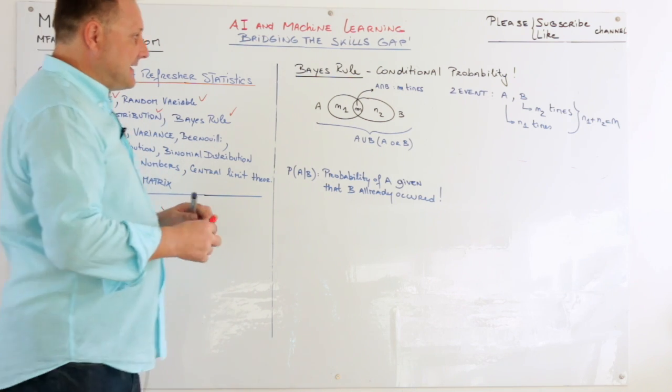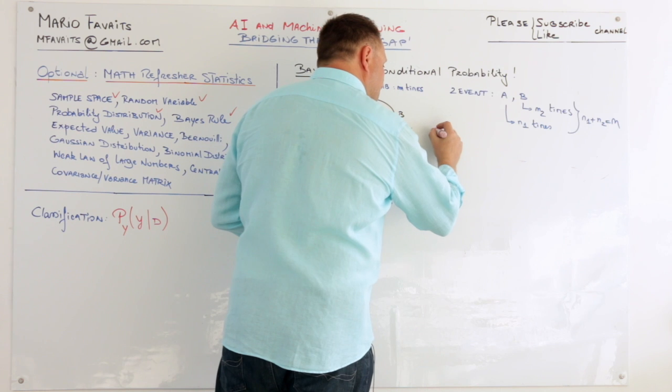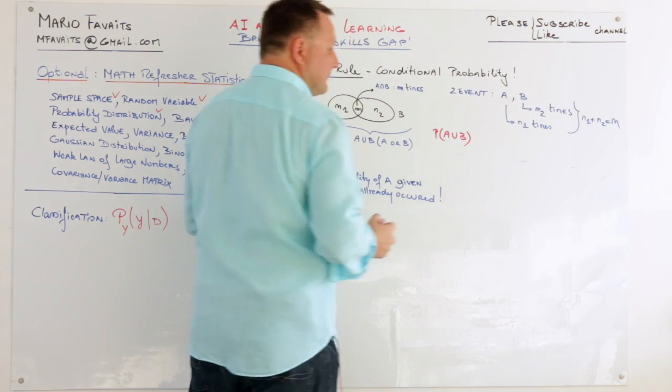So now let's see how we can calculate the chance that A or B happened.